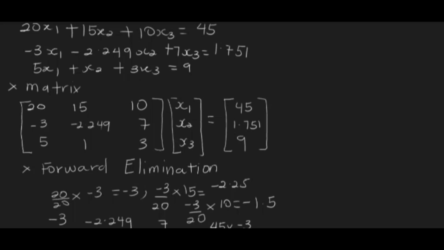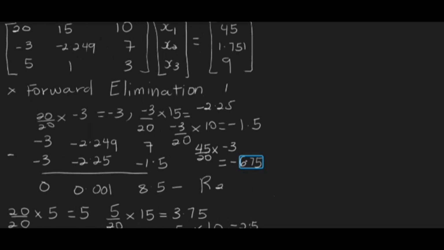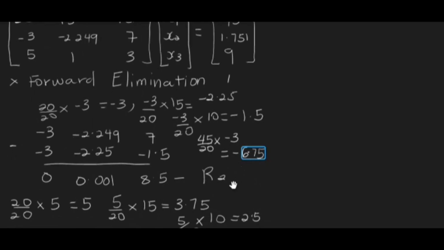So 45 over 20, then you multiply it by 5, and that is giving us 11.25. So you put your 11.25 down.